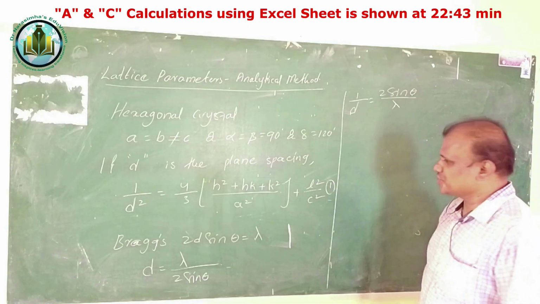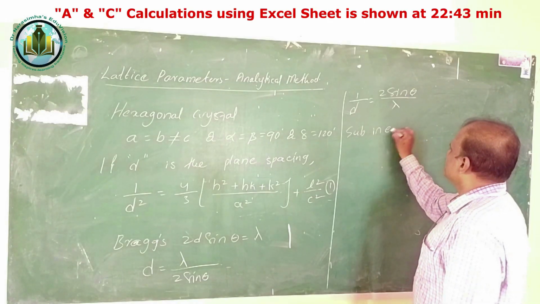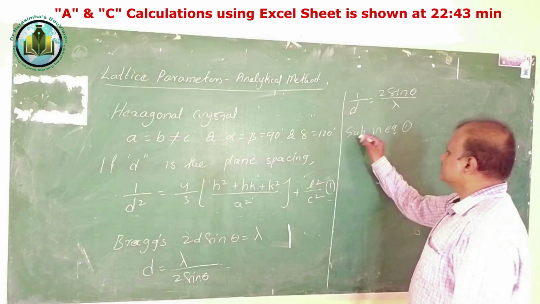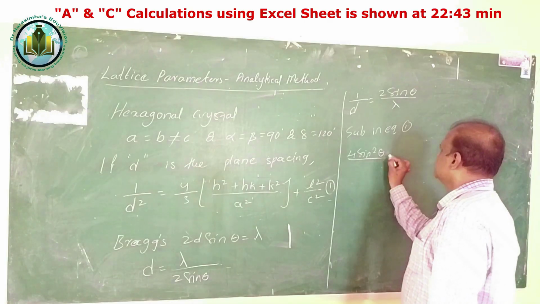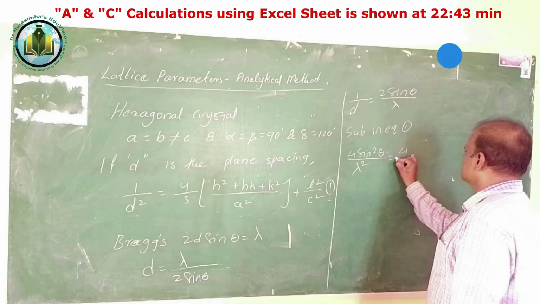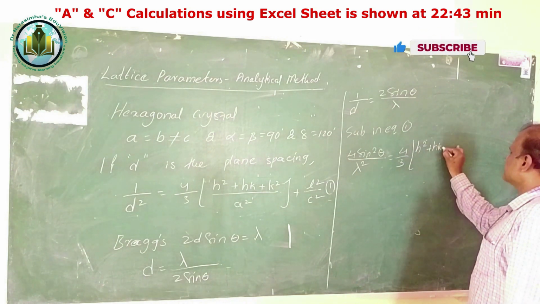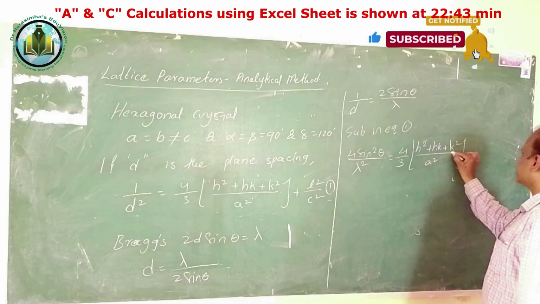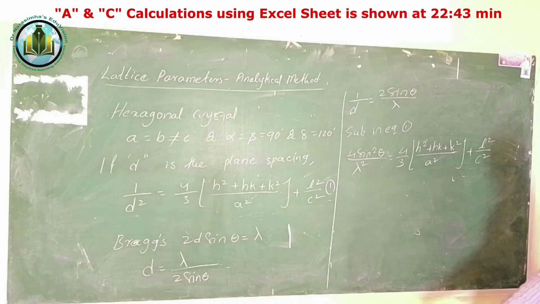Taking this as equation number 1, substitute this value in equation number 1 for 1 by d square. That is 4 sin square theta divided by lambda square, which equals 4 by 3 into (h square plus hk plus k square) divided by a square, plus l square by c square.